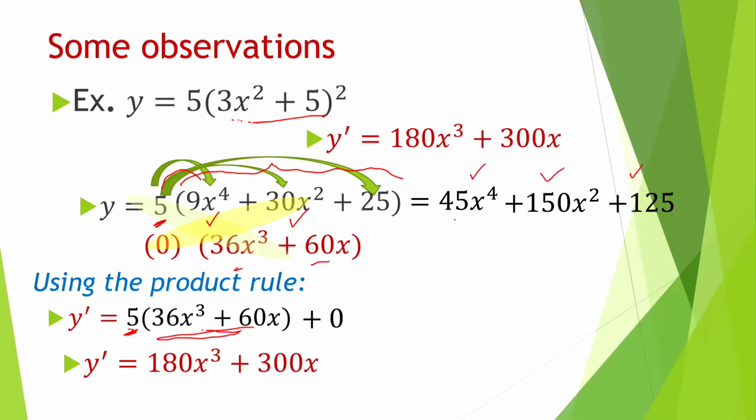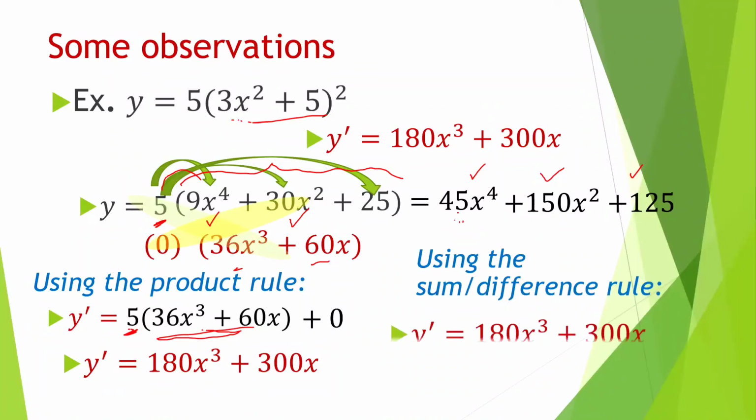The derivative of 45x to the fourth will be 180x cubed. Then the derivative of this is 300x. The derivative of 125 is 0. So still we get the same answer. It's cute when we have many options, right? In life, it's good to have many choices.